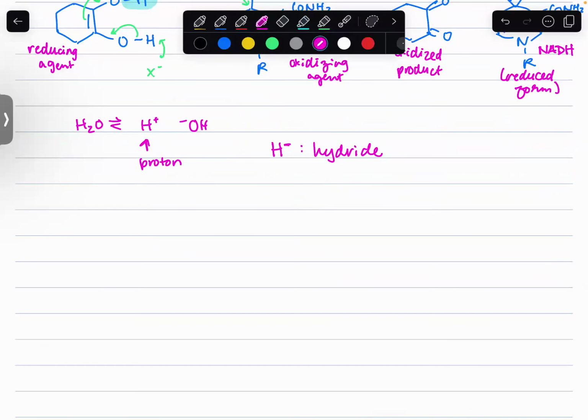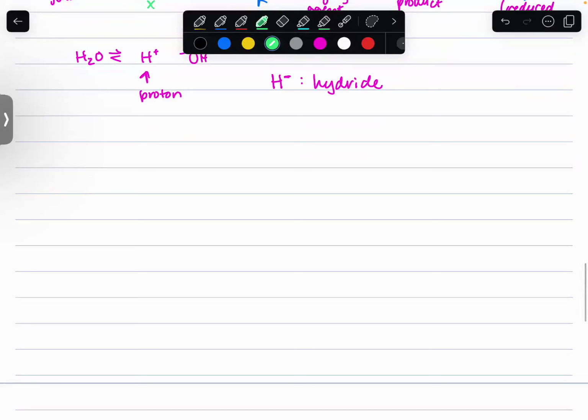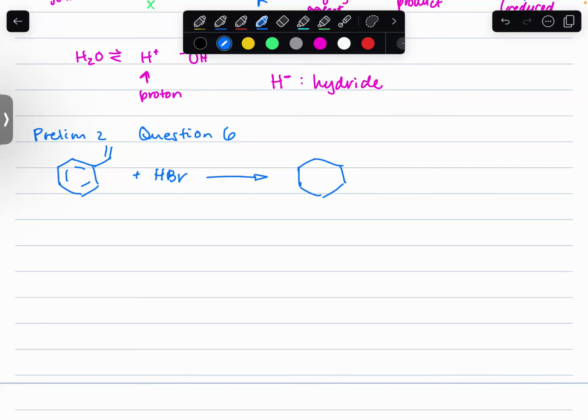On the actual prelim, were you given the name of the reaction or just the reactants?